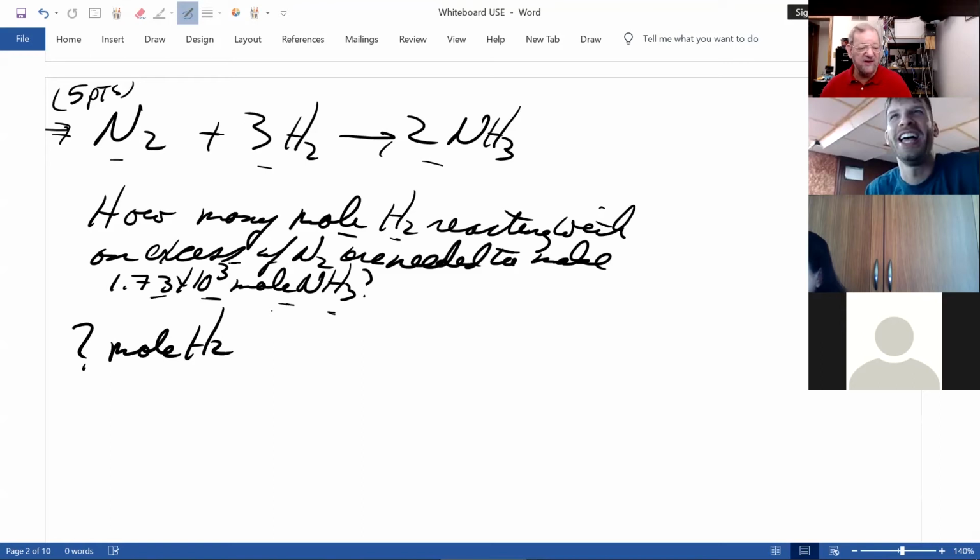What are we given? 1.73 times 10 to the third moles of ammonia. And we're also given this balanced chemical equation. Remember the coefficient when there's nothing there is number 1. 1 mole of nitrogen reacts with 3 moles of hydrogen to make 2 moles of ammonia, NH3.